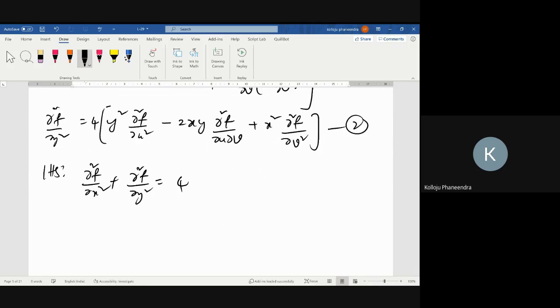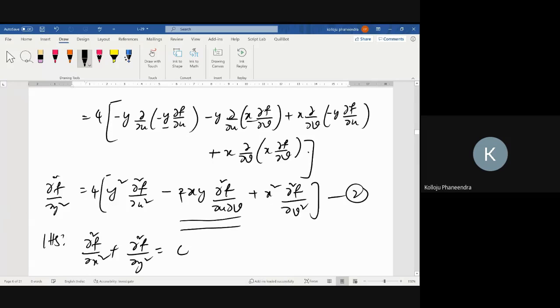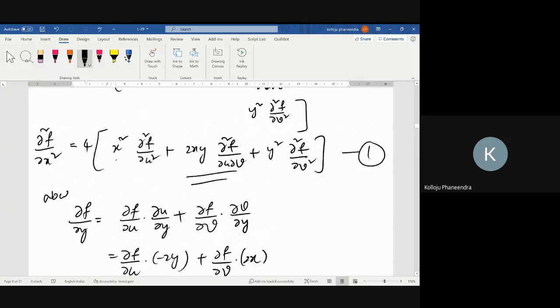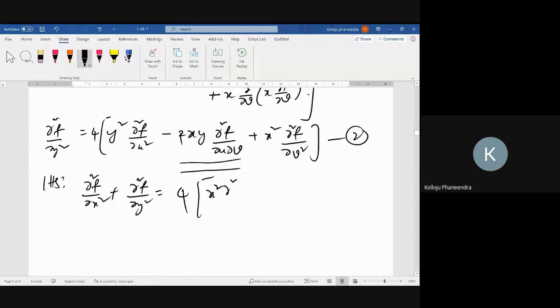See, in 1 and 2, what is the change? I think this one is the change. Minus 2xy is here, and in equation 1 plus 2xy is here. So this is 4 x² into ∂²f/∂u² here, and in the first one, this is y² into ∂²f/∂v².